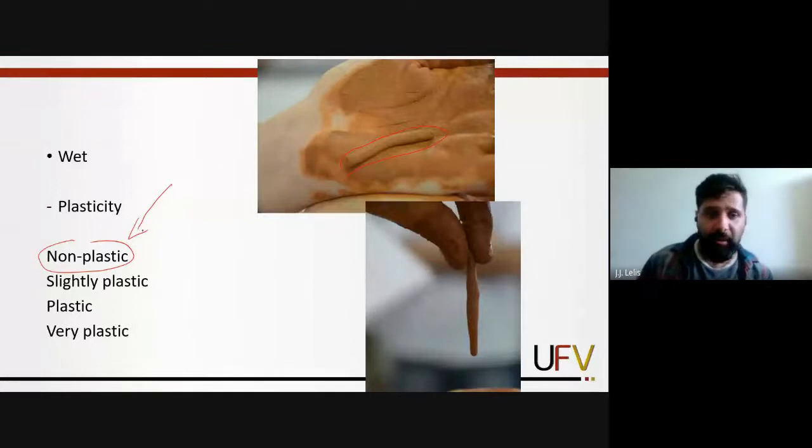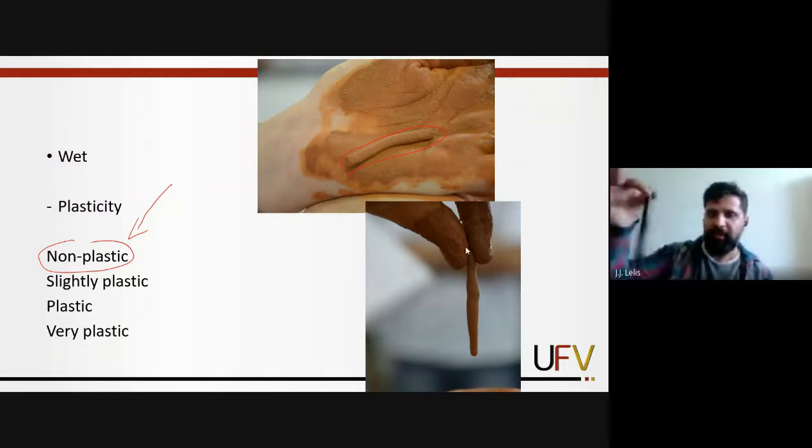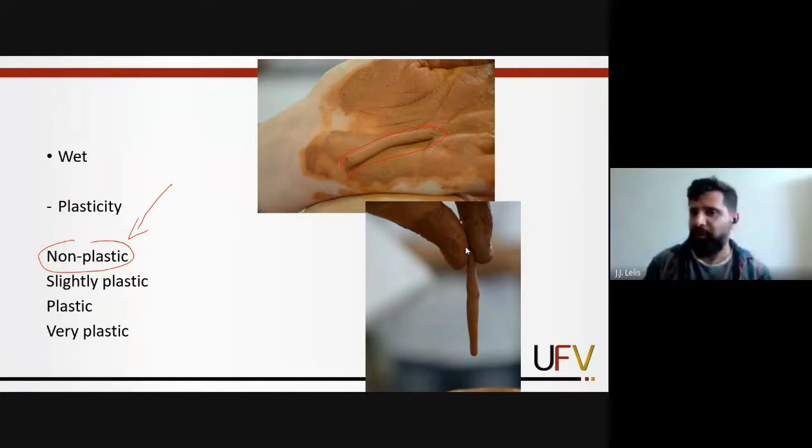If I can create a tube and I try to hold it against gravity, or it breaks very easily, or if I try to connect this tube, trying to make a circle, and it breaks, it cracks, I have a slightly plastic consistency, okay?